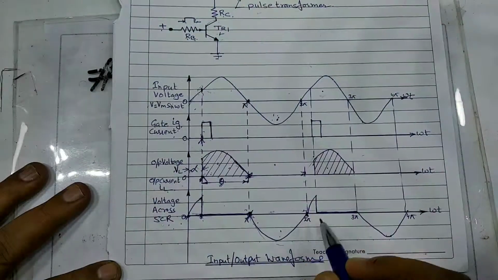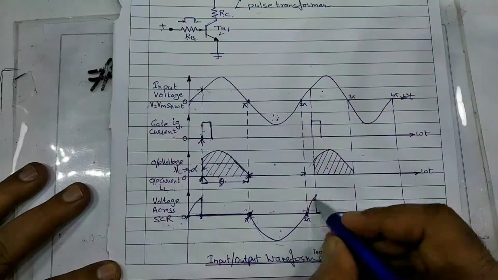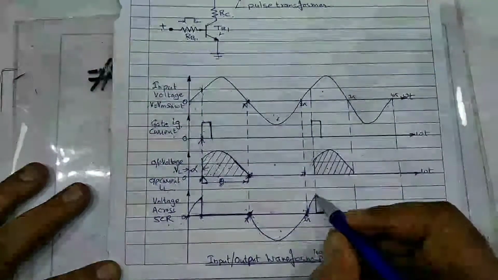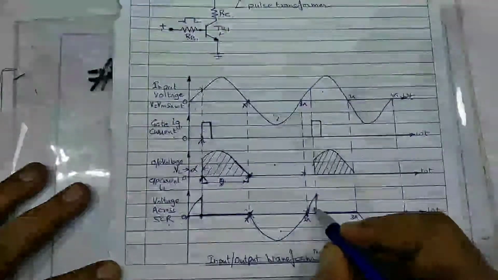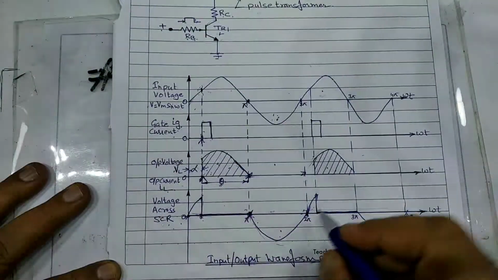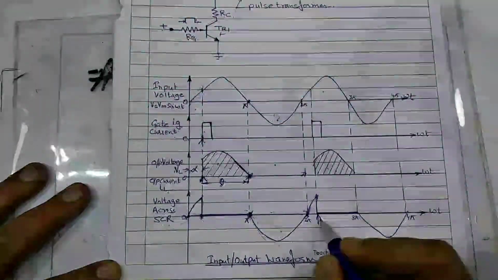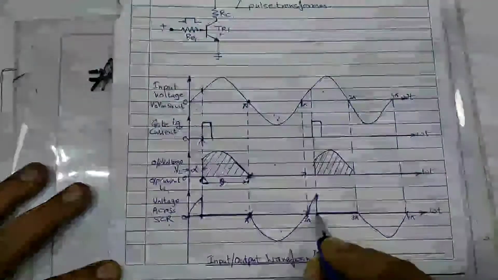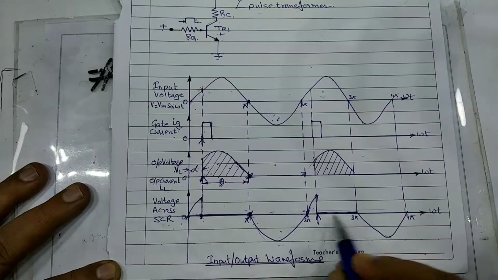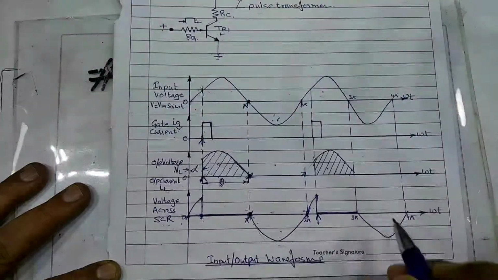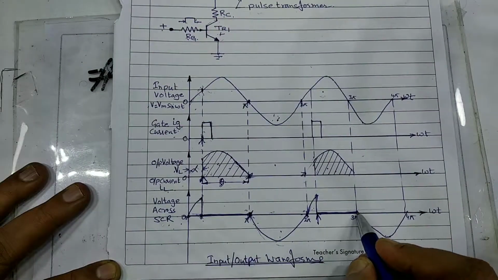Now again at 2 pi, the supply voltage becomes positive. So this positive voltage appears across the SCR until the SCR is fired at this particular instant. From this instant, the voltage becomes 0 since the SCR is again conducting from this instant to 3 pi.